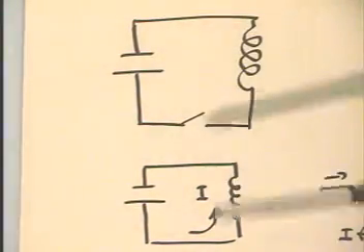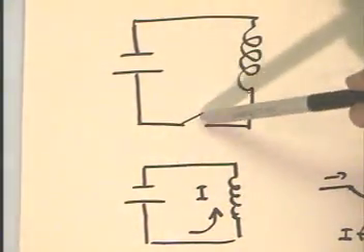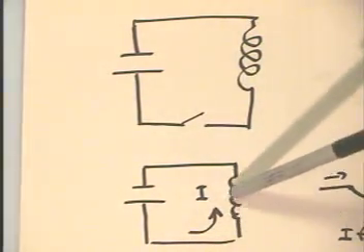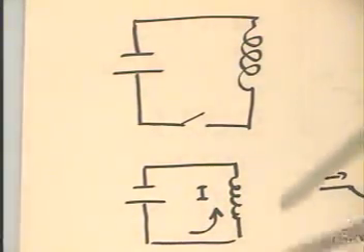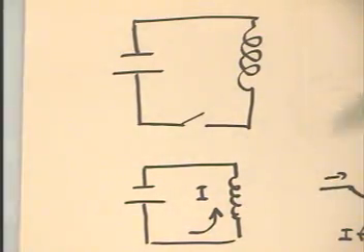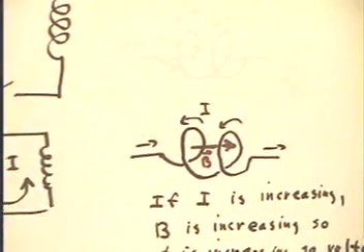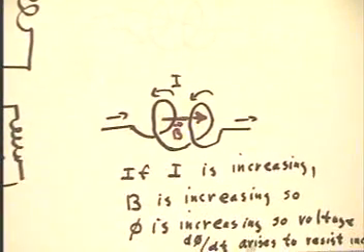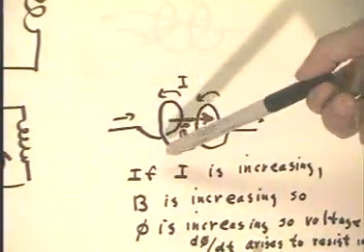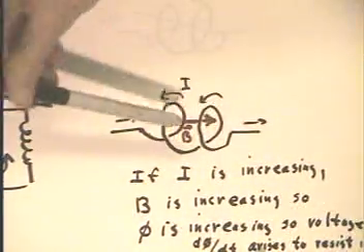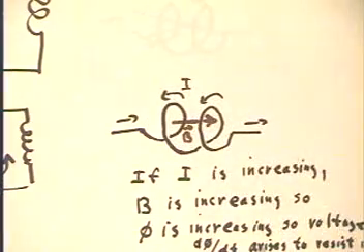But that's not what happens, and the reason is because when we close this switch, the current has to build through this wire. It starts at 0 and it's going to build up to some maximum. Now when that happens, as the current goes through the coil, the current going through the coil in this direction is going to give us a magnetic field in this direction.